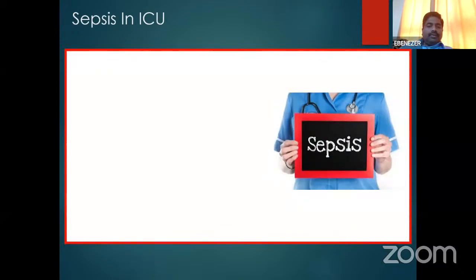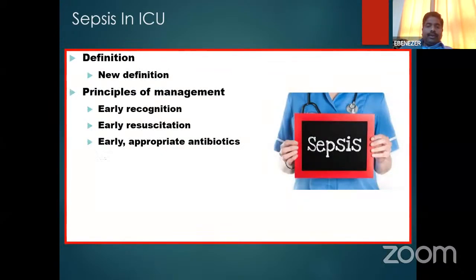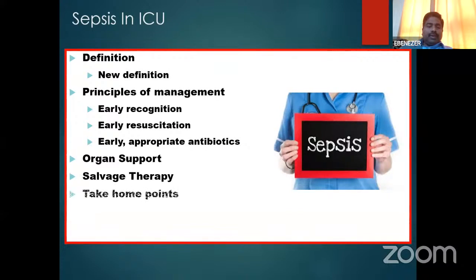Now, when you think about sepsis in ICU, we can go through this talk under certain important headings. How do we define sepsis? The principles of management. How do we recognize sepsis at an earlier stage? How do we resuscitate a patient with septic shock? Early appropriate antibiotics as a linchpin of therapy, and organ support.